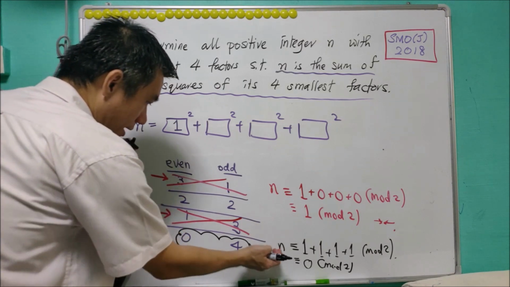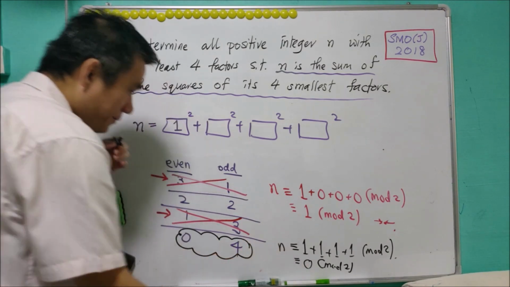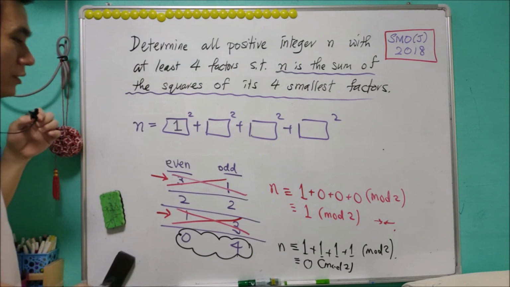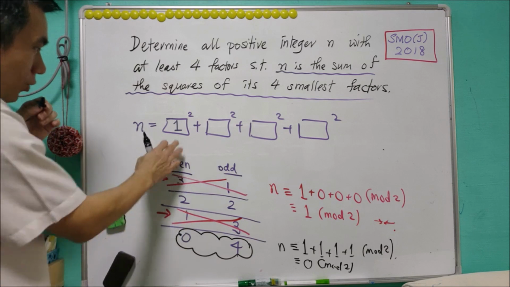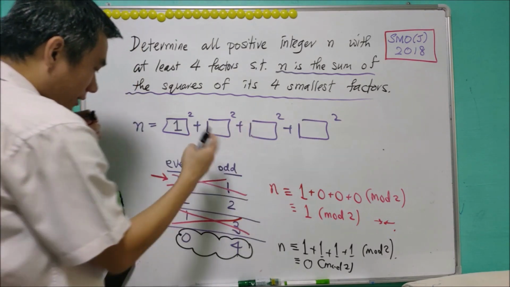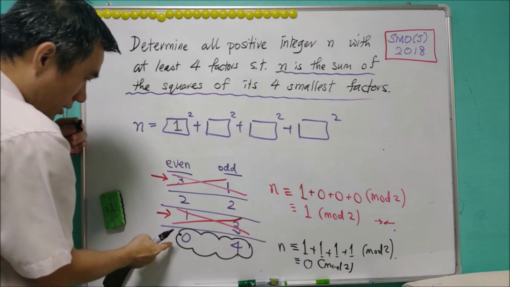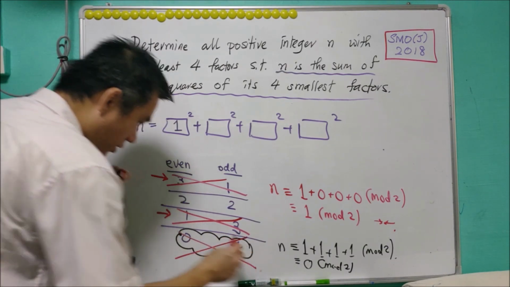In this case, n will be an even number. If n is an even number, then 2 has to be one of the factors of n, and 2 is the number after 1, so 2 must be one of the smallest factors. It will contradict this again, and therefore this case is also not possible.